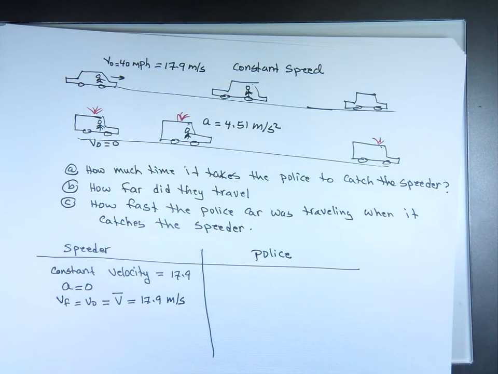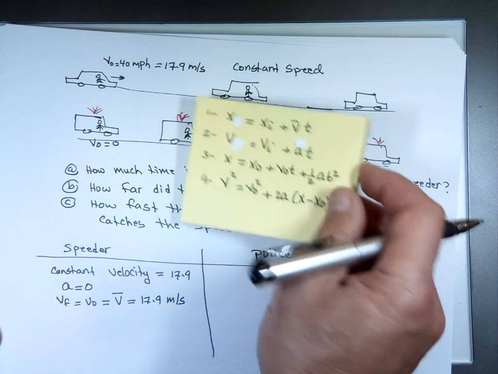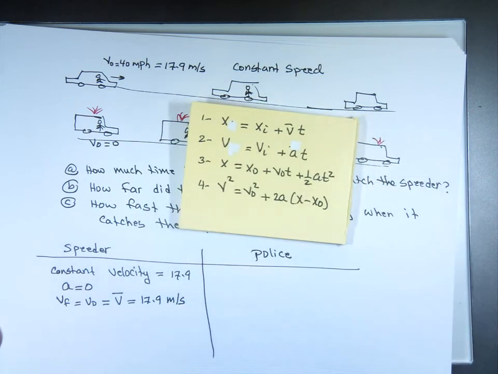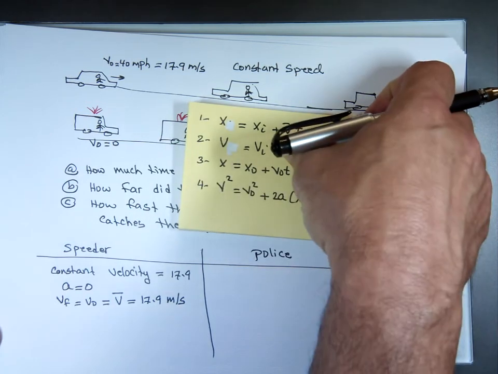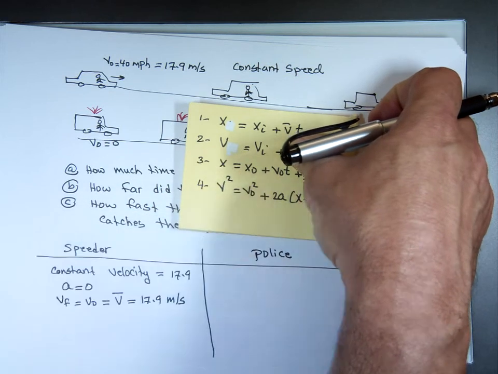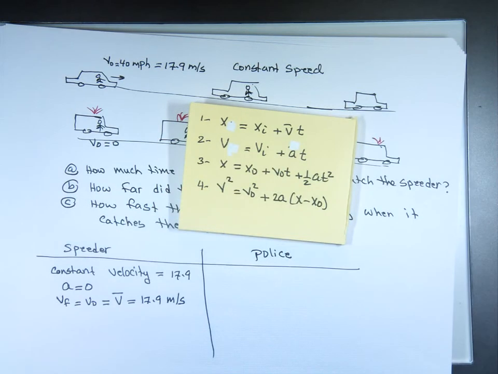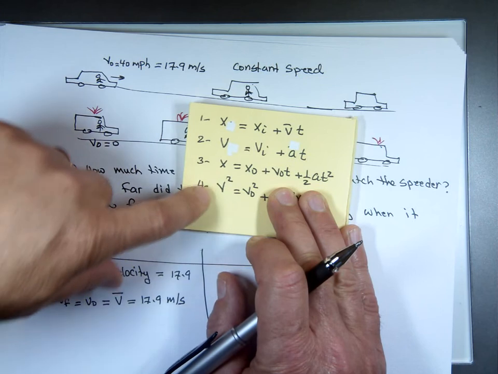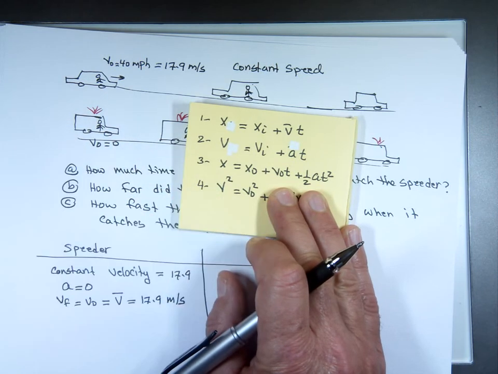Notice if your acceleration is 0, if you look at that sheet, if A is 0, this piece is gone. It says your final velocity is the same as the initial velocity. And if your acceleration is 0, that says the final velocity squared equals the initial velocity squared. That equation is gone.